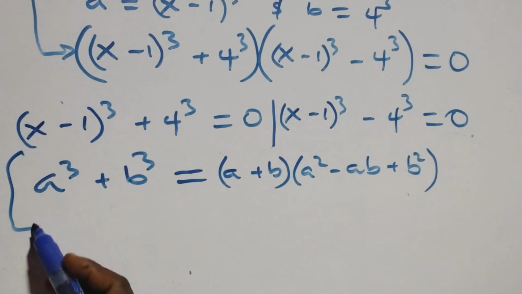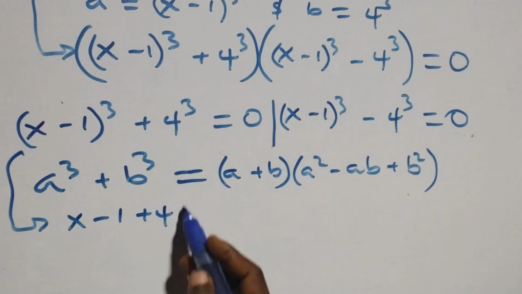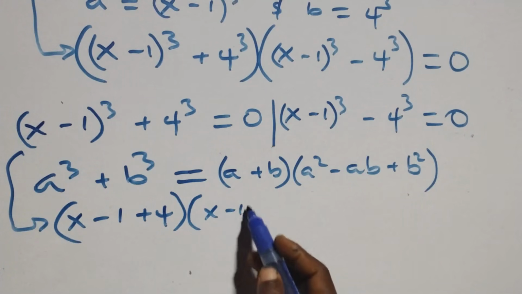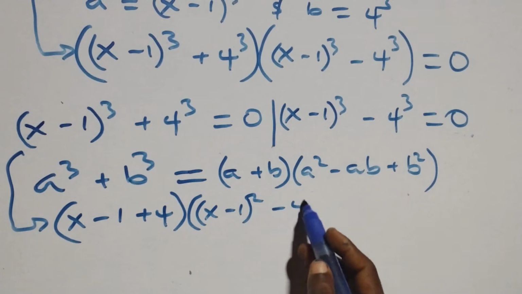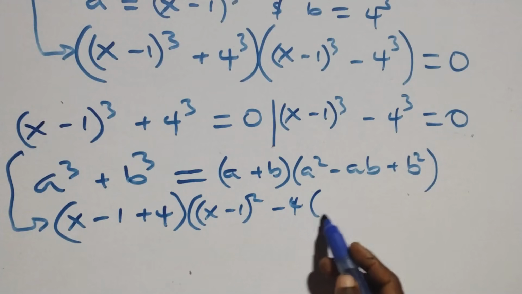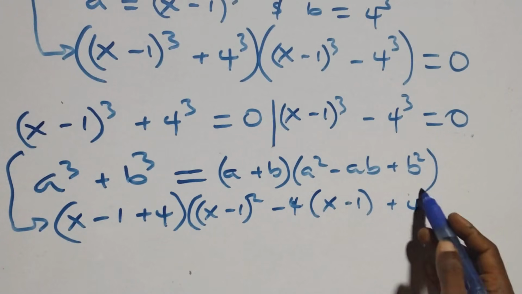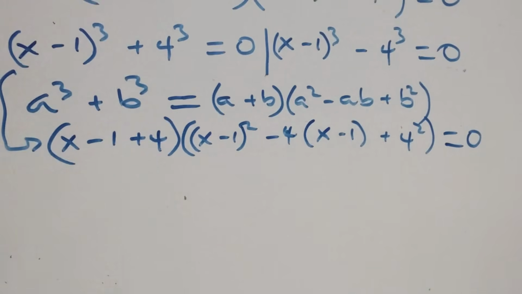What we have here becomes (x minus 1 plus 4) into ((x minus 1) all squared, then minus 4 times (x minus 1) plus 4 squared) equals to 0 here.